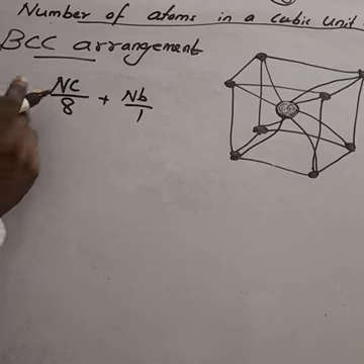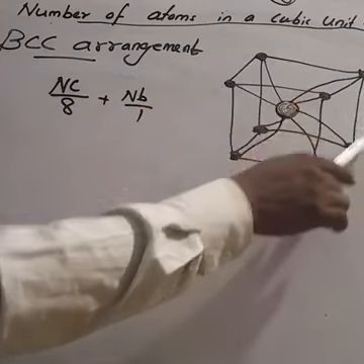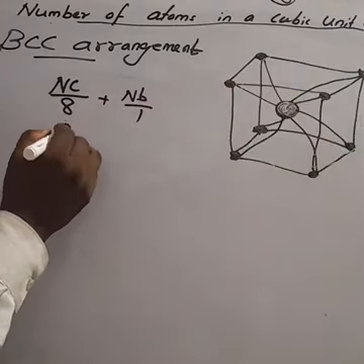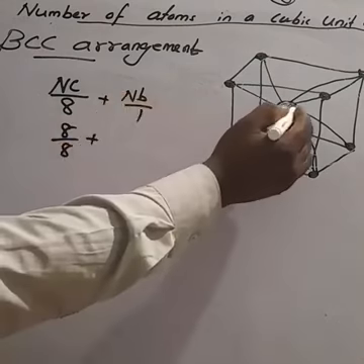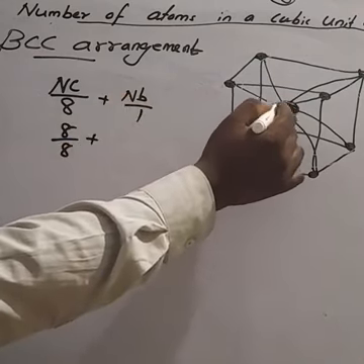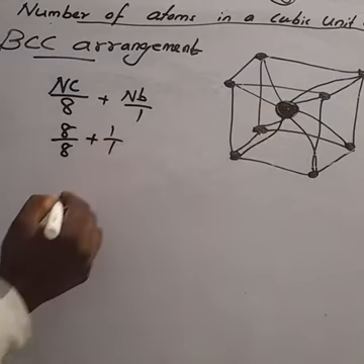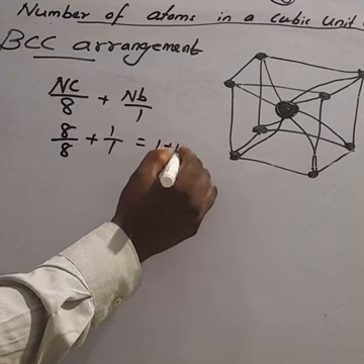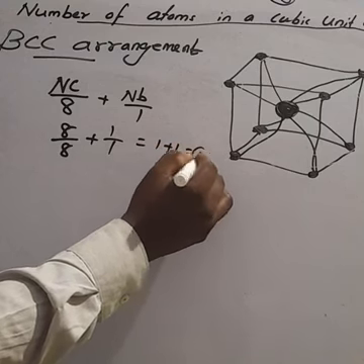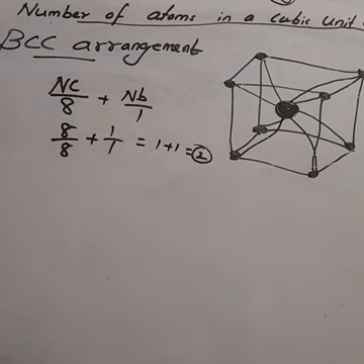What is NC? NC means number of corners. How many corners? 8 corners. So 8 by 8 plus the number of body centers, which is 1. So 1 plus 1 is equal to 2. This is about the body-centered cubic unit cell. Can you understand, my dear children?